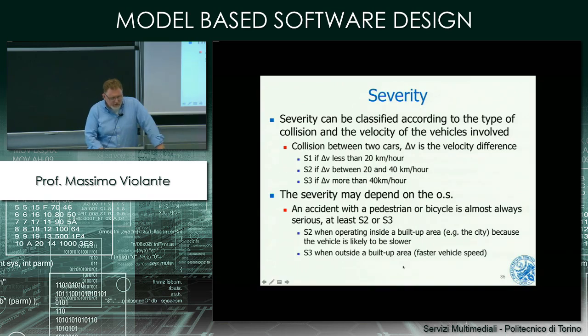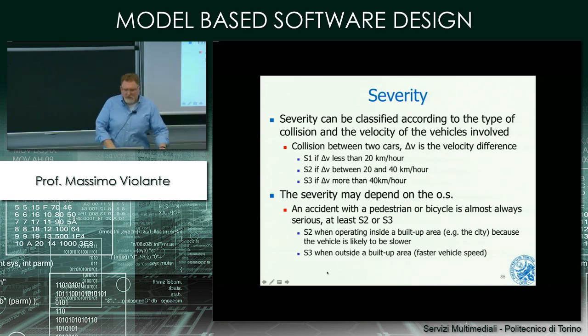So let's say that if the incident takes place between a vehicle and a cyclist, we have S2 when the incident takes place in a built-up area, like the parking lot of a city. This is because normally the speed of the vehicle is low, and so the energy of the impact is lower.